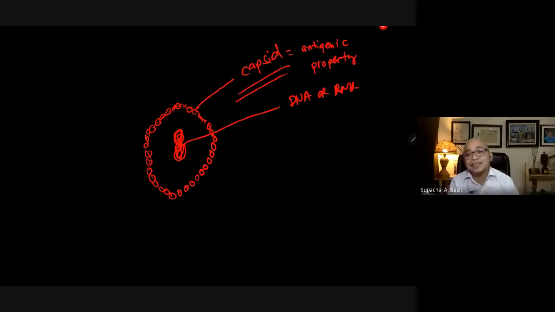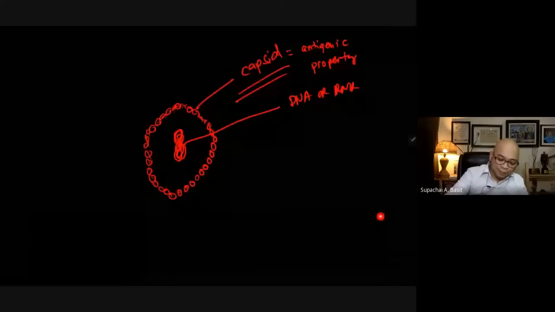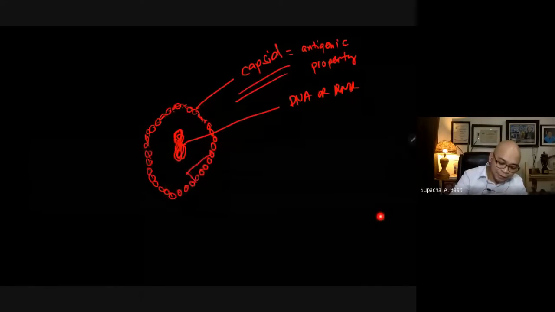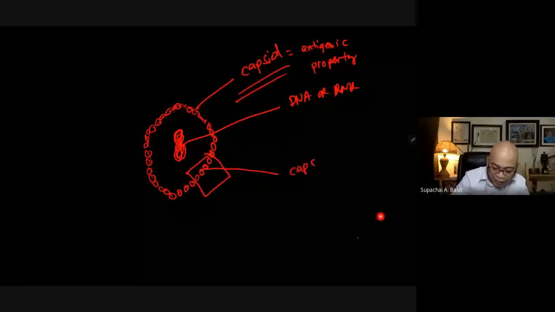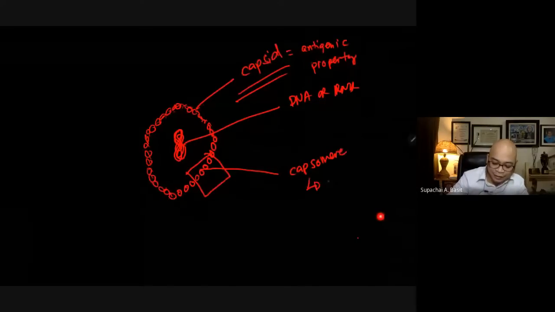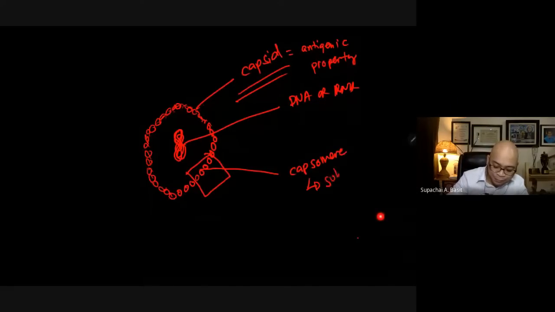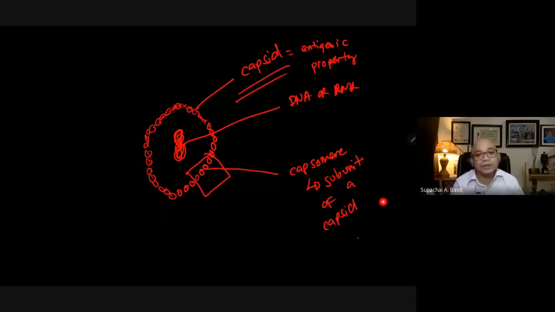When we say antigen test, we are detecting the viral proteins, and one viral protein is the capsid. If we look at this specific part, we can see a capsomer. A capsomer is a subunit of a capsid.